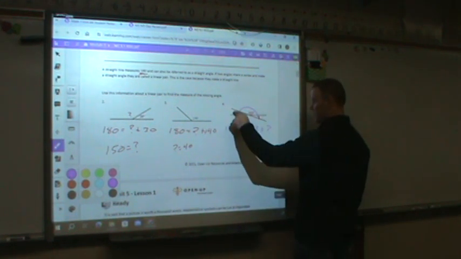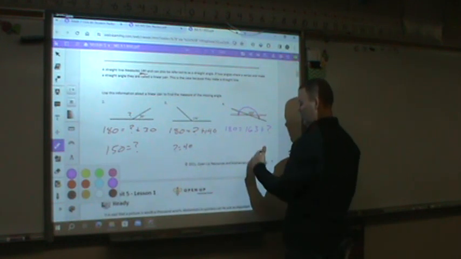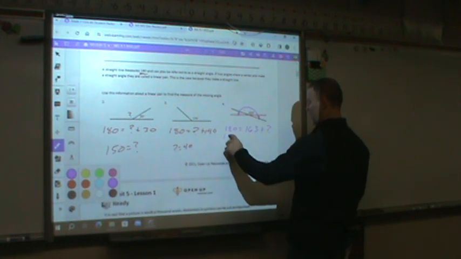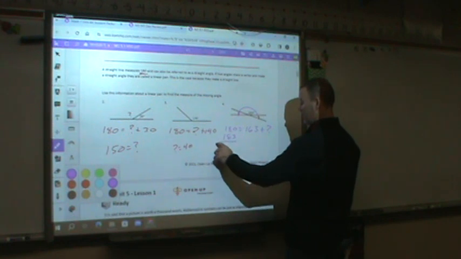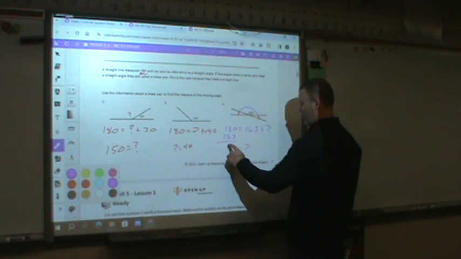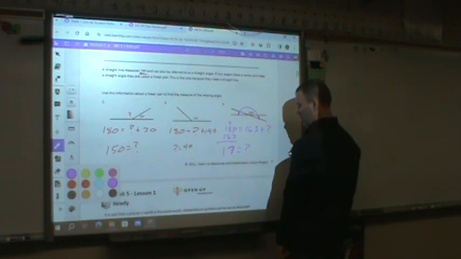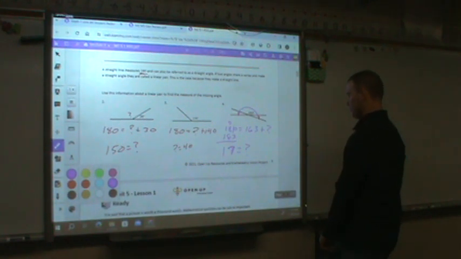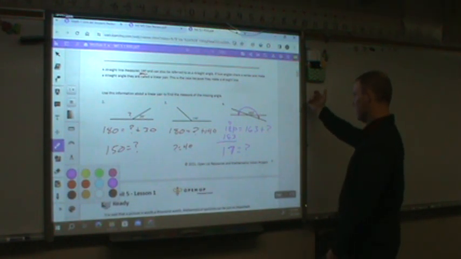And I'm going to go out on a limb and say these two angles here are going to be equal. And I'll explain in a little bit of class. So 180 minus 163. I don't have a calculator, so that's going to be 17, yeah, seems right.